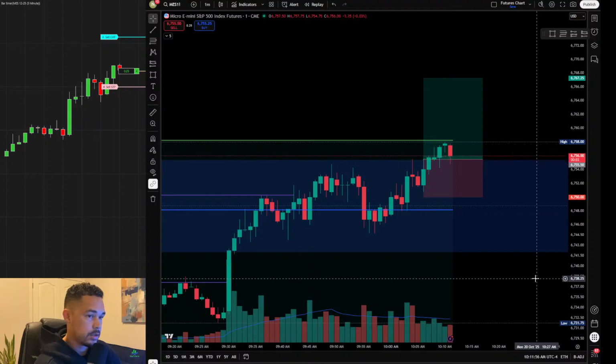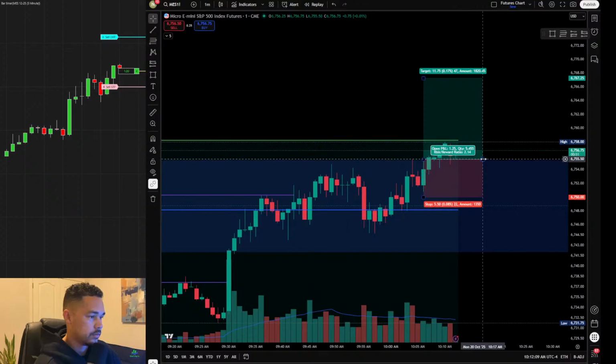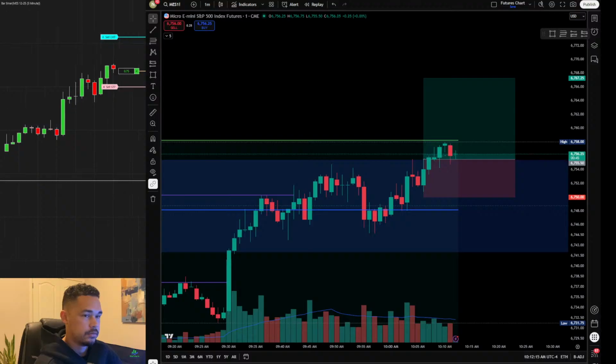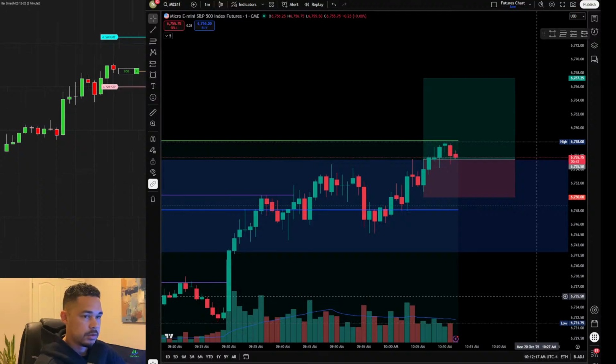Currently at the 67.55 area, 56 area. Slightly up on this trade, but not by much.